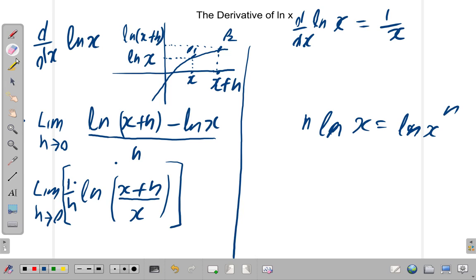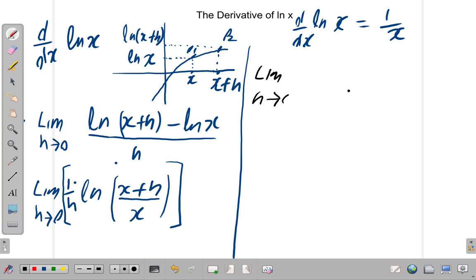So, let's do that. Let's rewrite this in that form. So what you have is the limit as h tends to 0 of ln of (x plus h over x) raised to the power of 1 over h. Good.